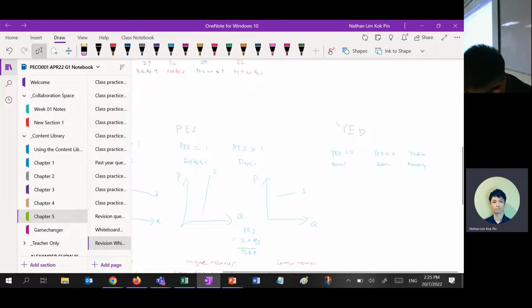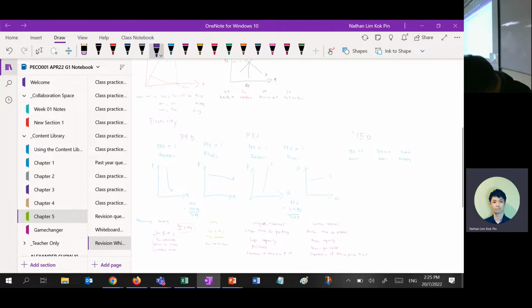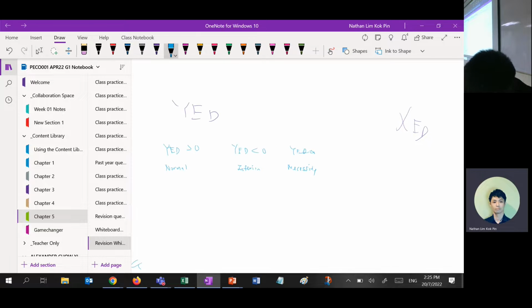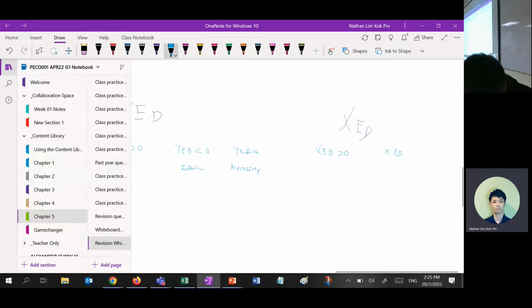For XED, yeah, just now I erased XED already. For XED, similarly, you need to know three values. XED is greater than 0. XED is less than 0.